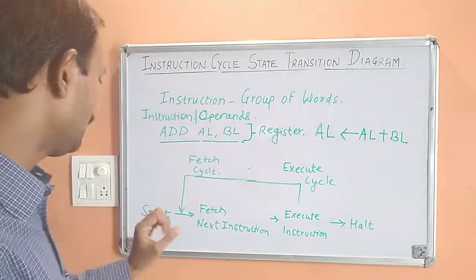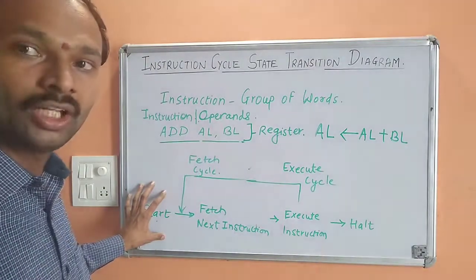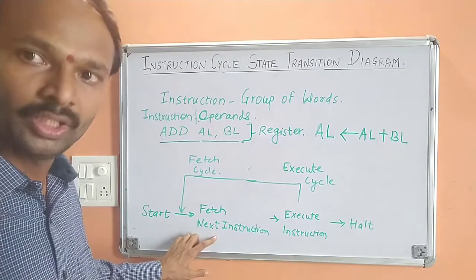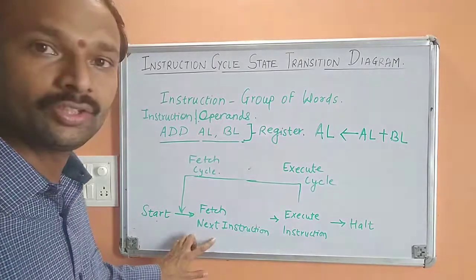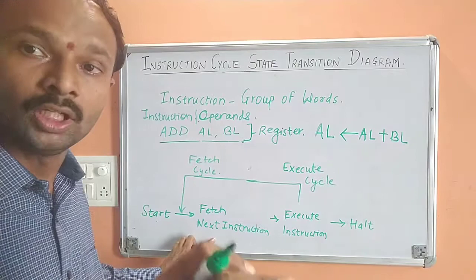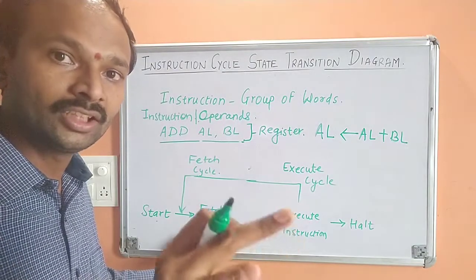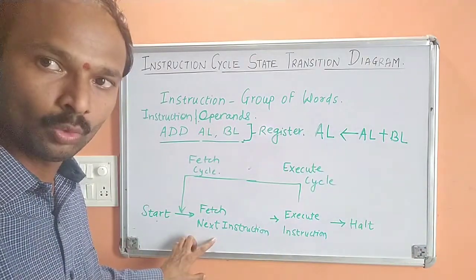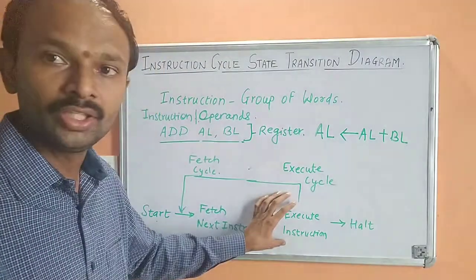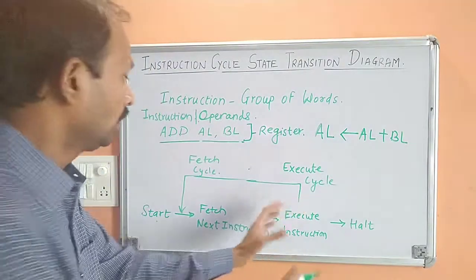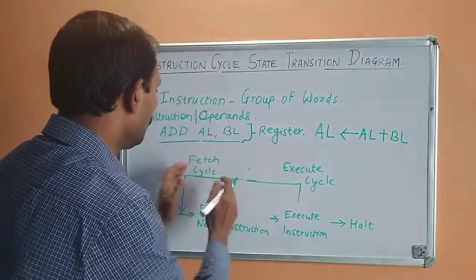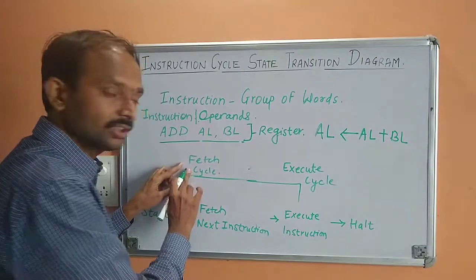So what is happening here? When we start executing the program, the first instruction is fetched, so it is called fetch the next instruction. Who is doing this? This is done by the program counter, because the program counter always points at the next instruction to be executed. After fetching, that instruction has to be executed. When this instruction is executing, at the same time we need to fetch the next instruction.